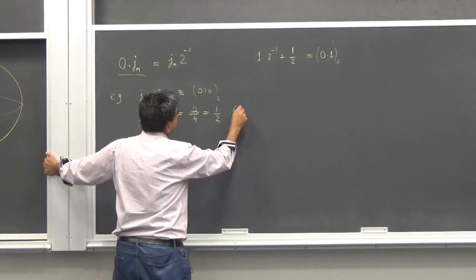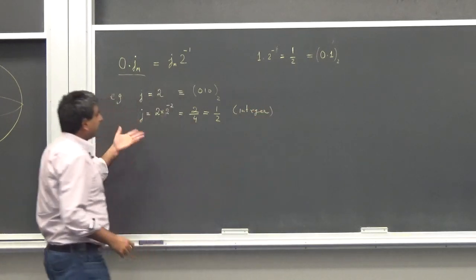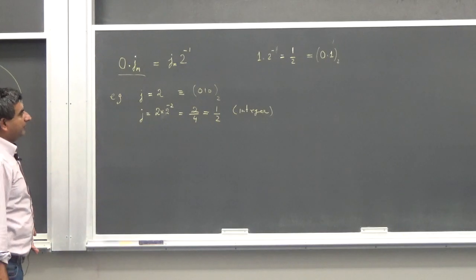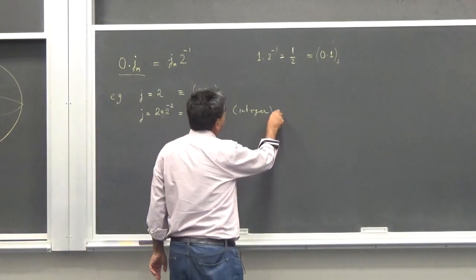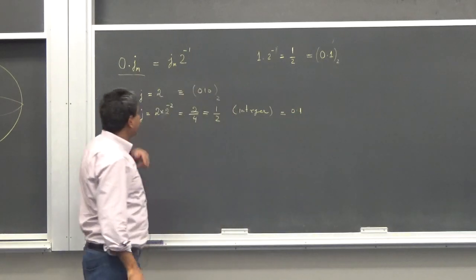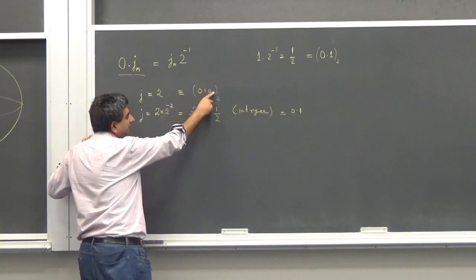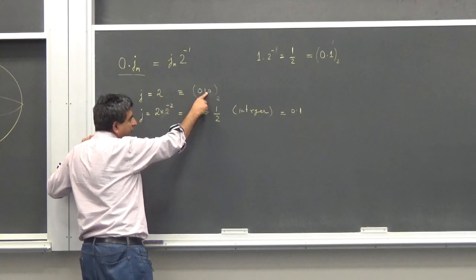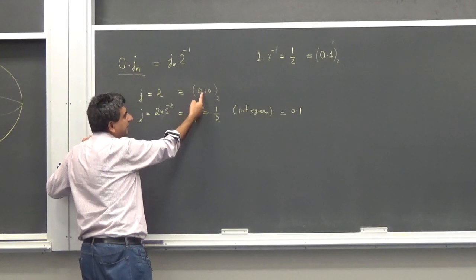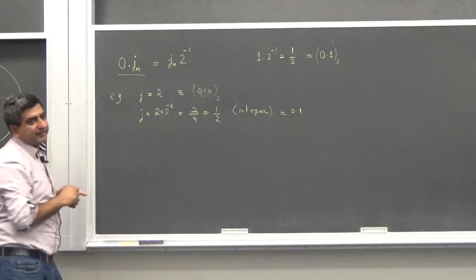This is all in integer form. So I'm treating j as an integer. But what does this thing look like in binary form? This is going to look like 0.1, because if I were to divide by 2, there's a decimal place here, it shifts 1 position, dividing by another factor of 2 shifts the decimal point here. So this is the philosophy behind this notation.